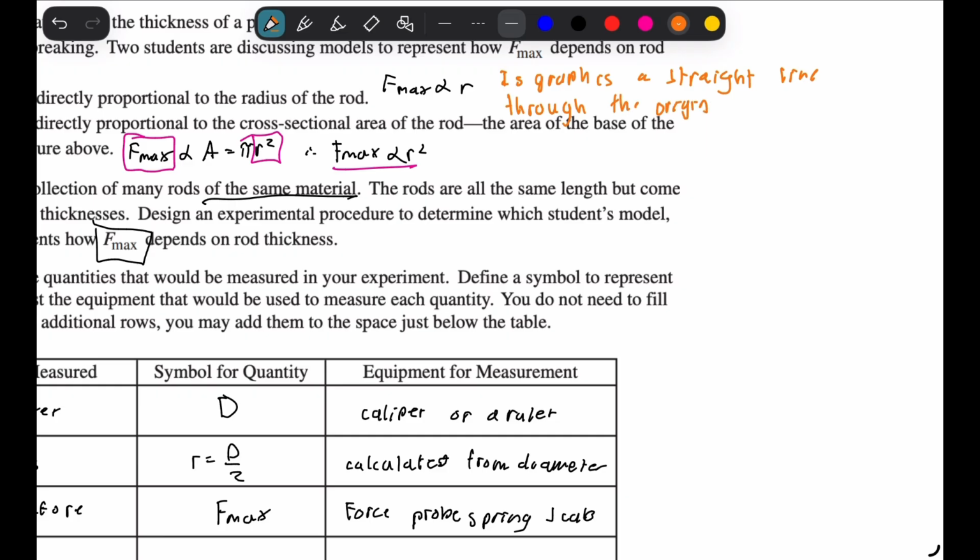And for student B, what you can do is check, is the graph quadratic in R, or you could make a graph for F max versus R squared and check if it's linear through the origin.